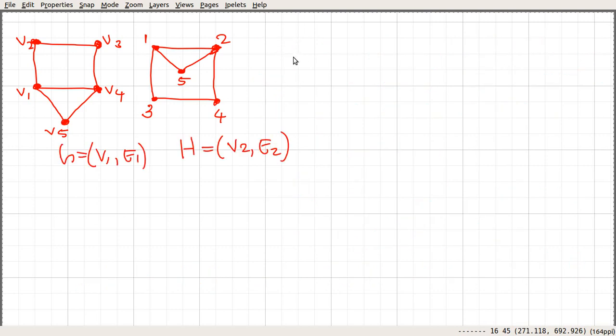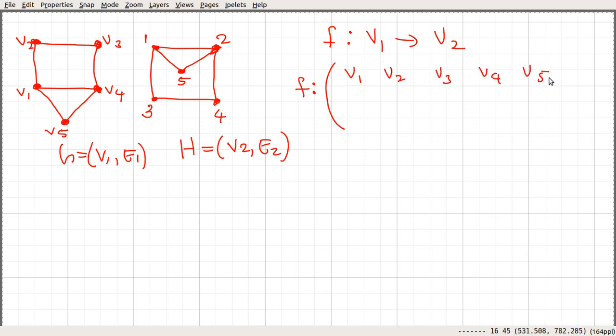First of all, we have to define a map between the vertices. Let's call that map F from the vertex set of G to the vertex set of H. I am going to represent the map as follows. Here the first row corresponds to the vertices of V1. So here we have 5 vertices: V1, V2, V3, V4 and V5.